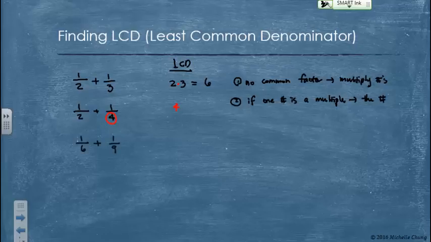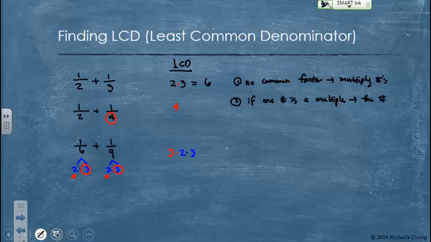Third case, if you have 6 and 9, as you can see, we have a common factor of 3 here, right? So whenever you have any common factor, first break down the numbers. We have 2 times 3 for 6 and 3 times 3 for 9. And then check if there is any common factor. As we know, we have 3. And then multiply that common factor once. And then the leftover factors, so in this case we have 2 and 3.